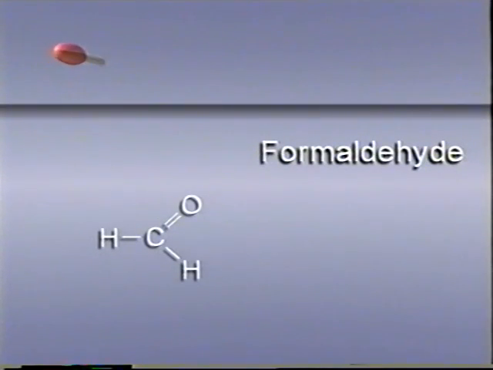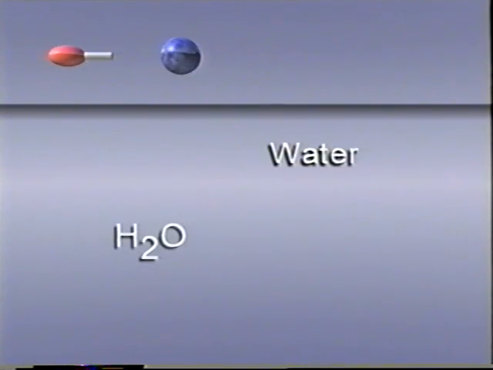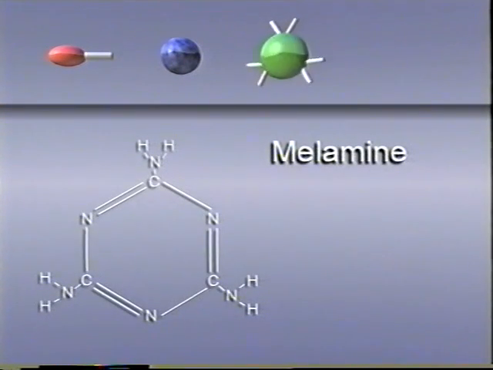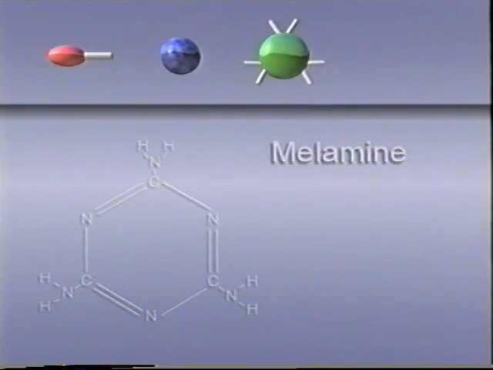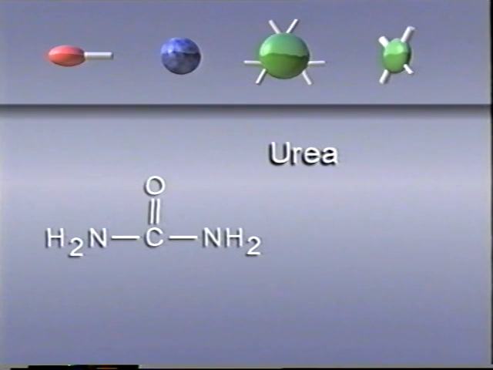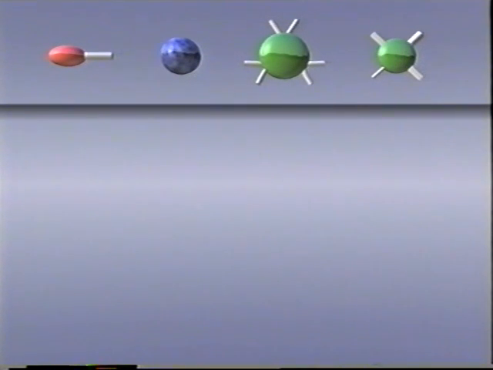Impregnating resin is composed of formaldehyde, water, melamine, or urea, as well as various additives.